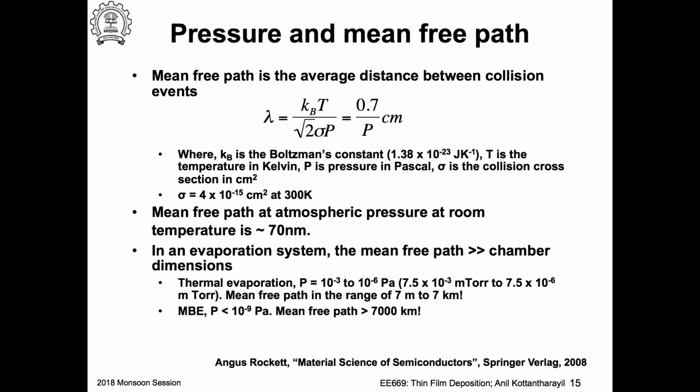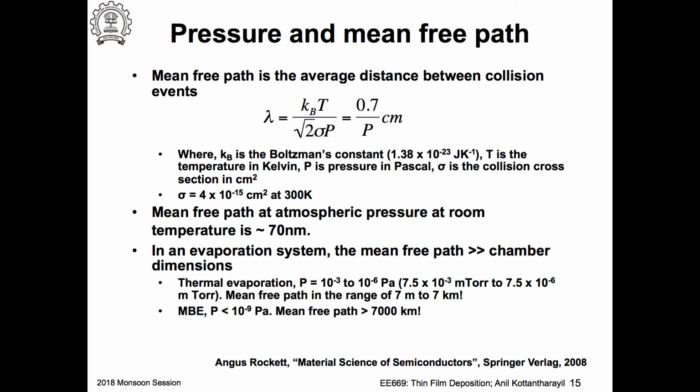So this is a very important thing to keep in mind. This means that in an MBE system, the particles that are ejected from the source hardly ever, never go through any collision before they meet the substrate. Very important. And in fact, it's very high vacuum, very low pressure, which means that there's hardly anything inside the chamber.